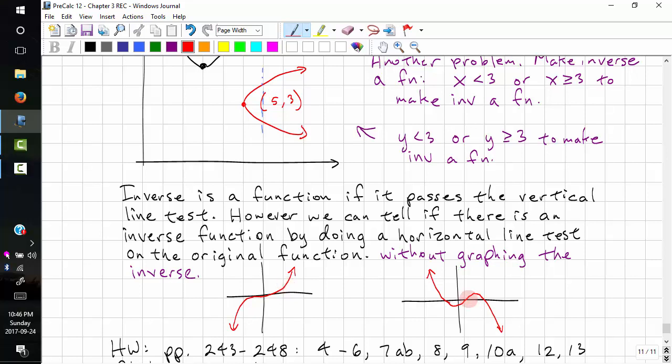And is the inverse of this a function? So are the inverses functions? And that's a class discussion. And that completes this lesson.